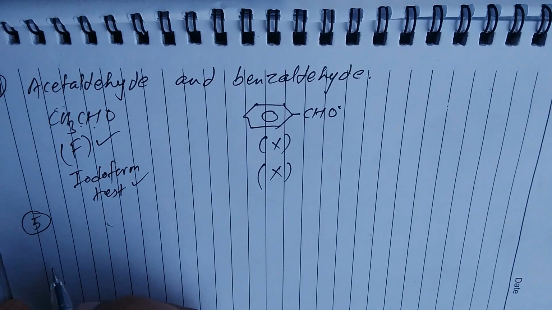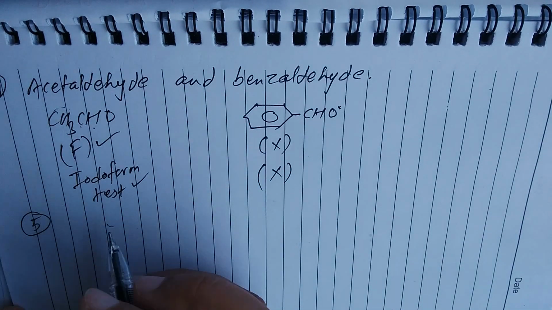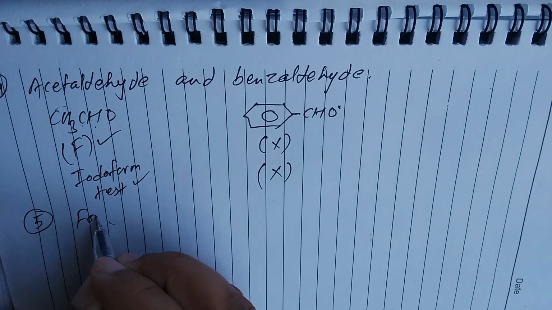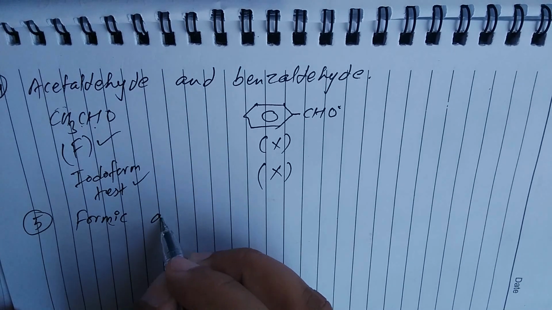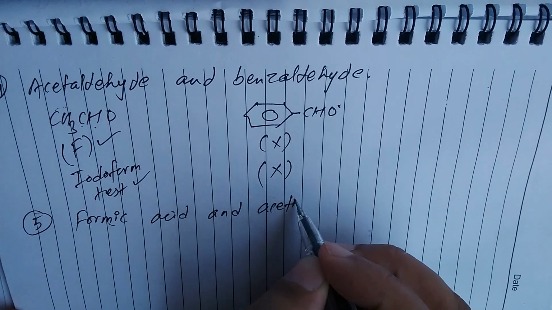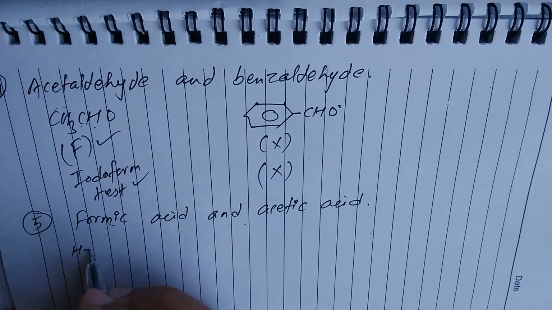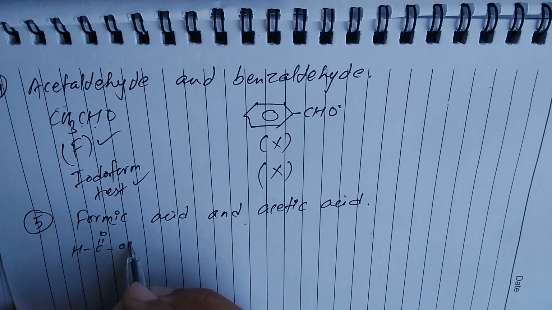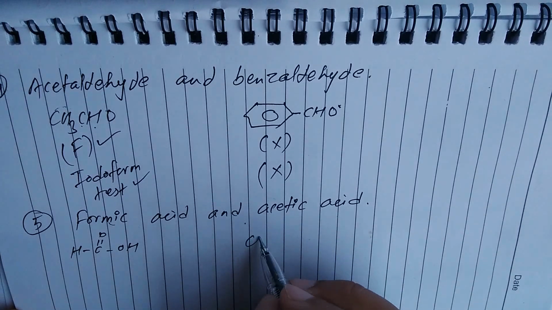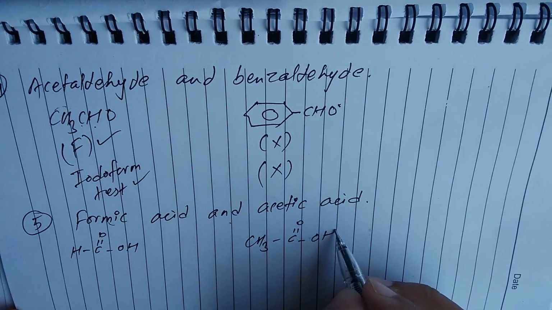In number 5, acetaldehyde and acetone, we already discussed it. Formic acid and acetic acid. Let us write the molecular formula as HC double bond O OH. It is the formic acid, and acetic acid is CH3 C double bond O OH.